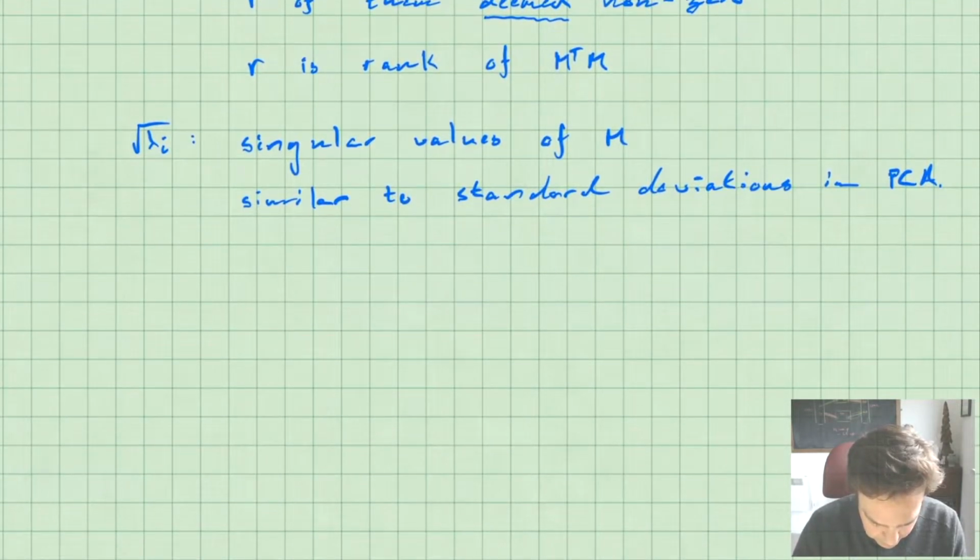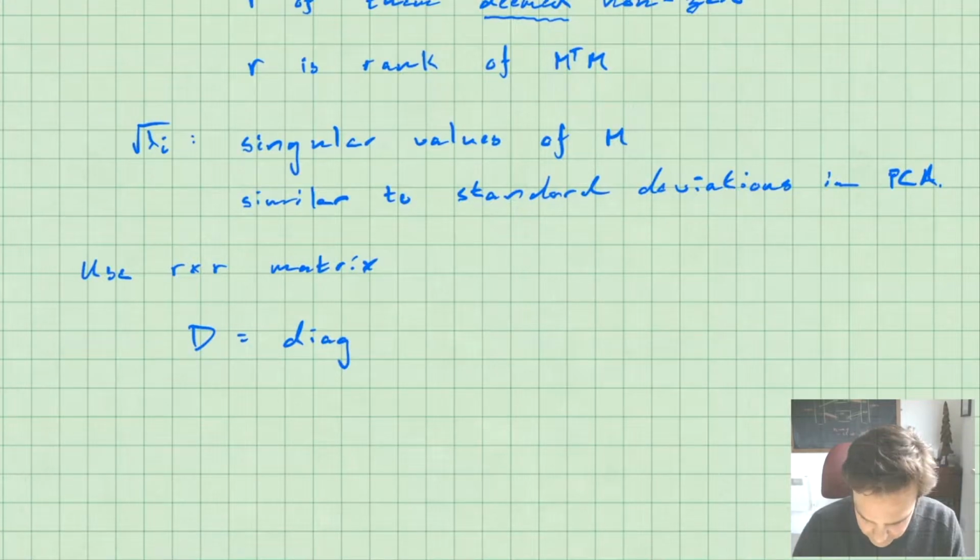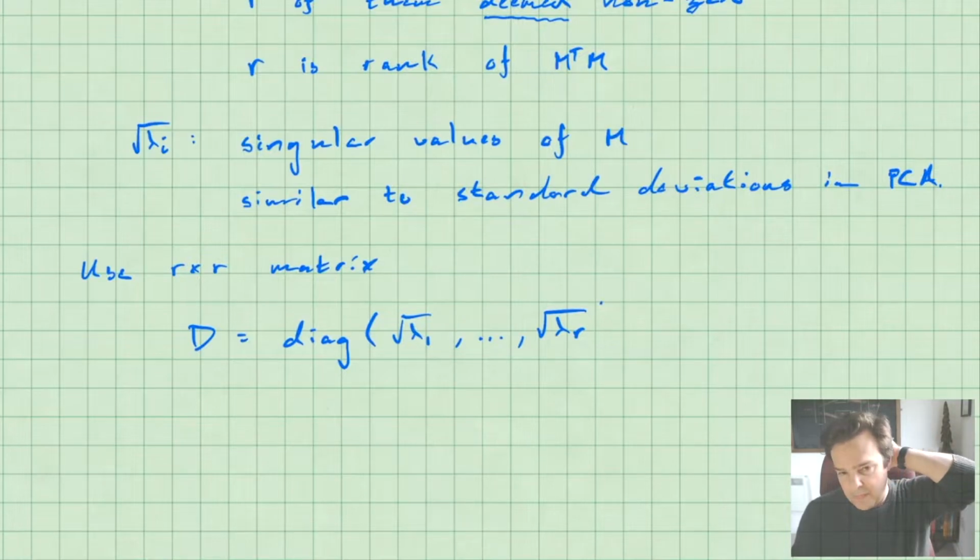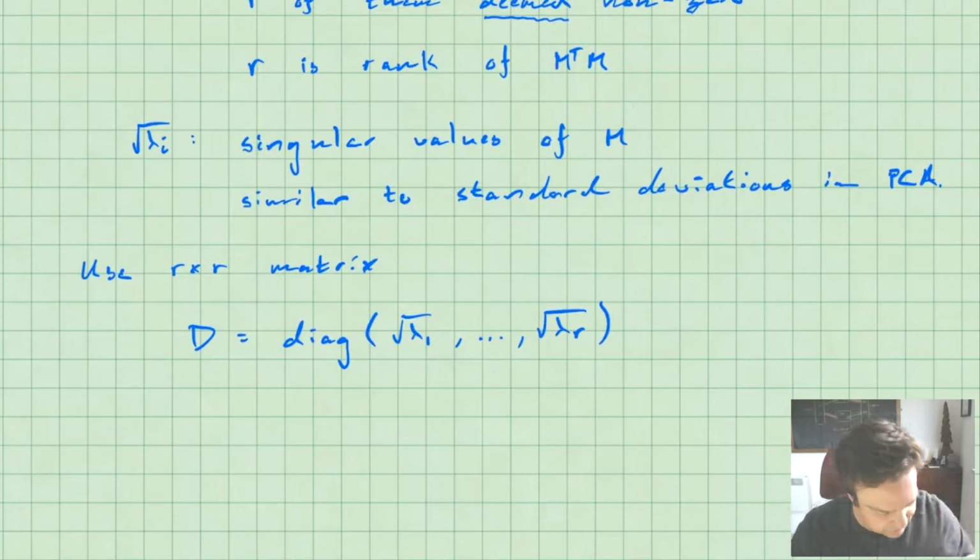We want to use some matrix that's r by r, and we'll call it D. It's a diagonal matrix, and along its diagonal are square root of lambda 1, up to square root of lambda r. So that's one of the matrices that's going to appear in our decomposition.